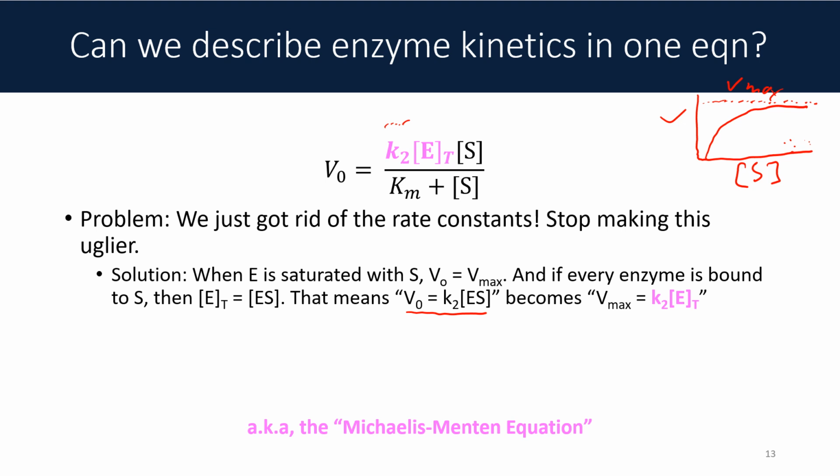And at these extreme quantities of substrate, what we will do is force every enzyme to be saturated, meaning there's no free enzyme. ET therefore will equal ES at this part of the curve.